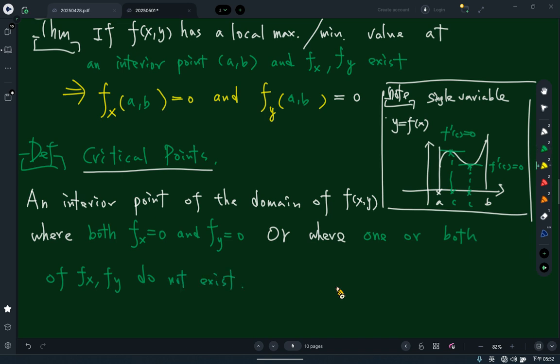Then such a point, we call it a critical point of f of x, y.